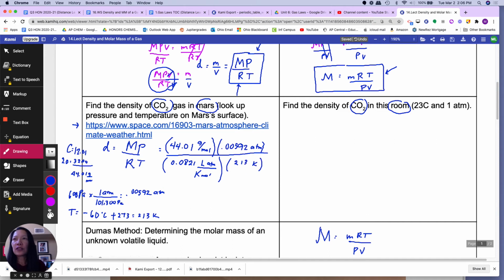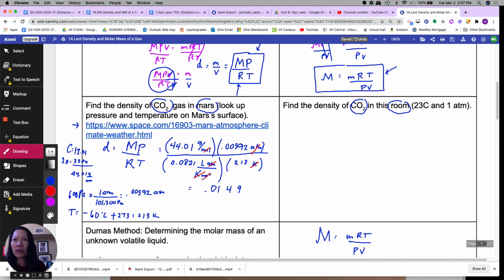All right? So when you plug that in the calculator, you go 44.01 times 0.00592 divided by 0.0821 divided by 213. You should get 0.0149. The units are very important that you cancel out here so you can see that you're doing it right. ATM goes away, K goes away, mole goes away.